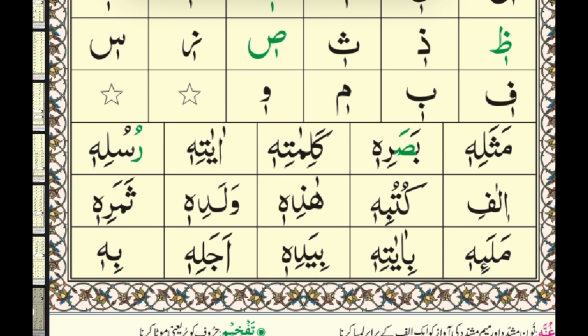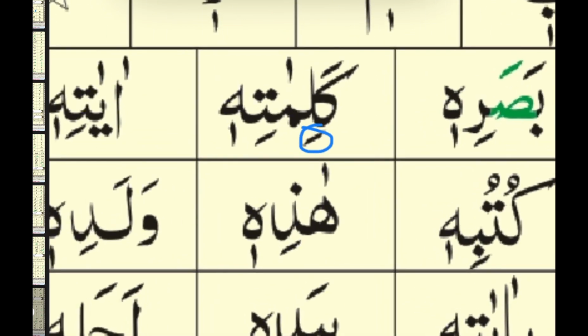It is like a kisra or zir, so the vowel is E. So how we pronounce it is the. Remember, same two haraka, but this time it is like a kisra or zir.